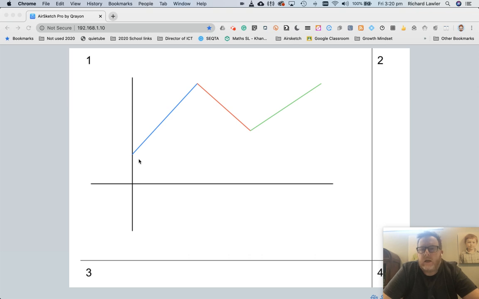But I've color coded it because you could imagine that this function is actually made up of three parts. This blue line would be one part of the function. Maybe it's y equals 2x plus 5, and then it might be y equals negative 2x plus 15, and then something along the lines of y equals 2x minus 4 or something like that.